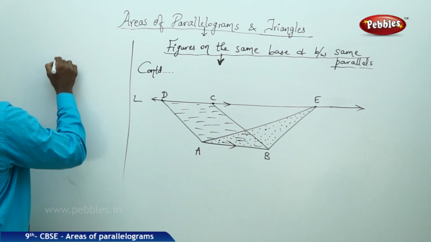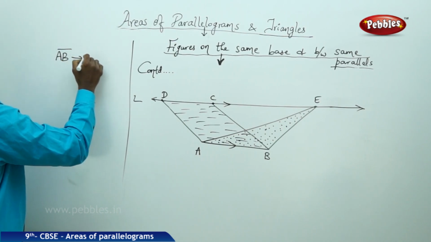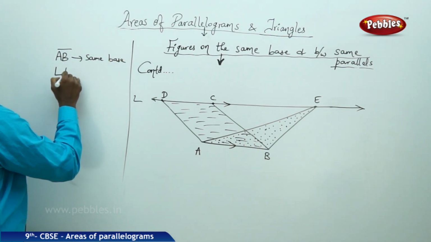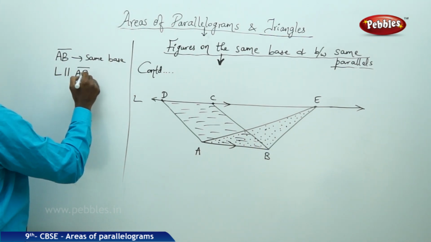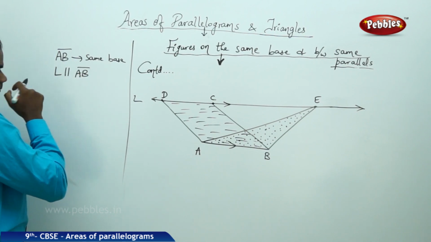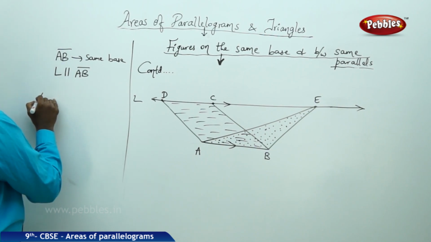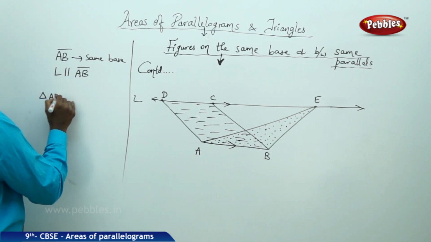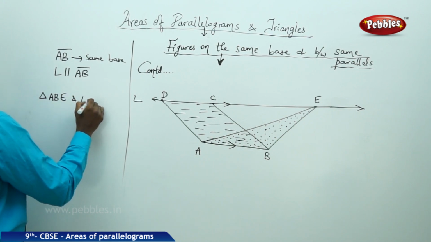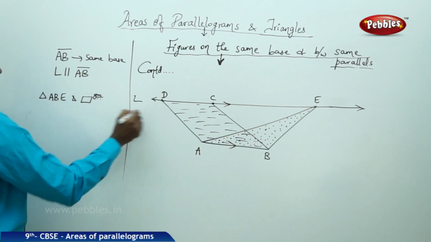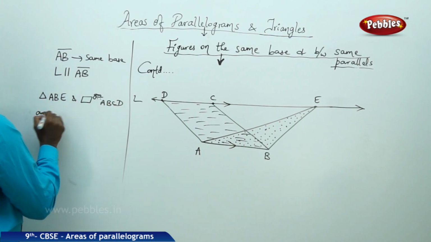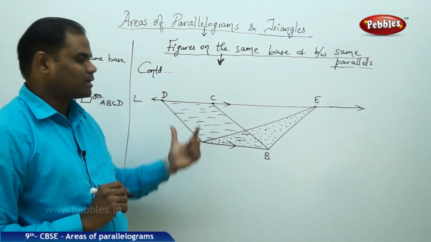So here AB is the same base and L is parallel to the common base AB, then triangle ABE and parallelogram ABCD are the two figures which are on the same base and between same parallels.